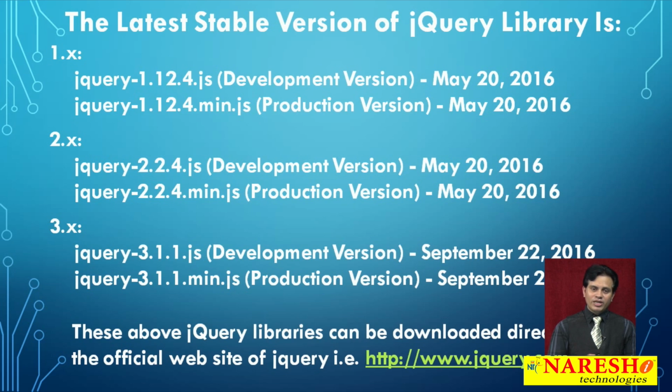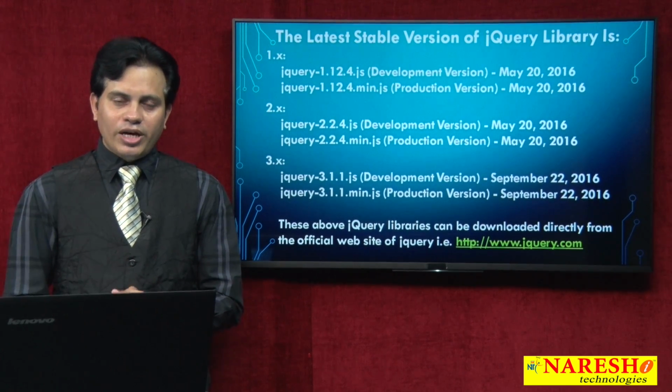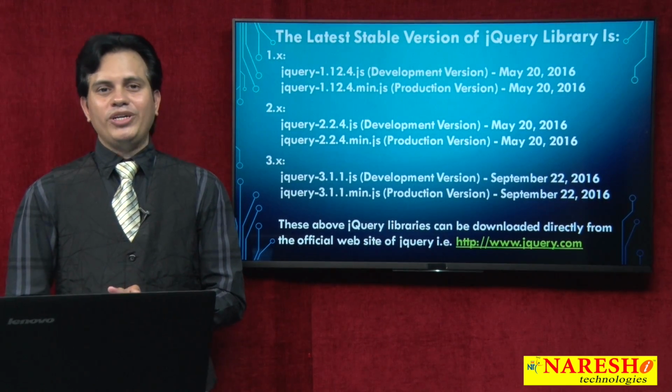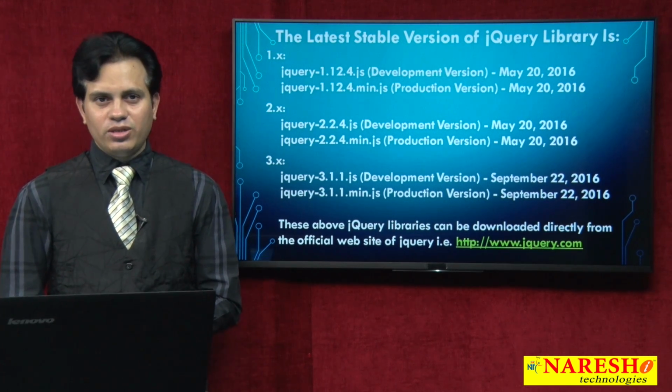And at the same time, they released the production version of this library, jQuery-3.1.1.min.js. So these are the different stable current versions available for the 1.x, 2.x and 3.x editions.